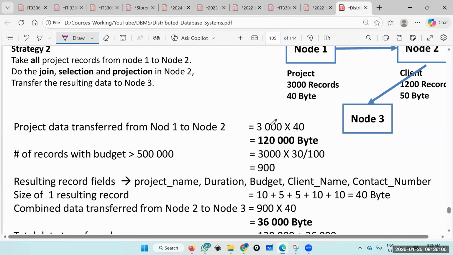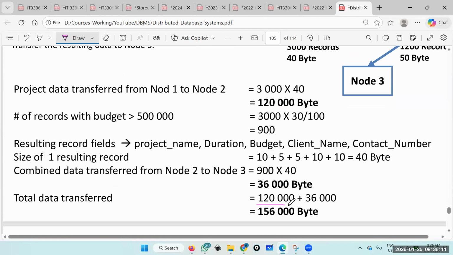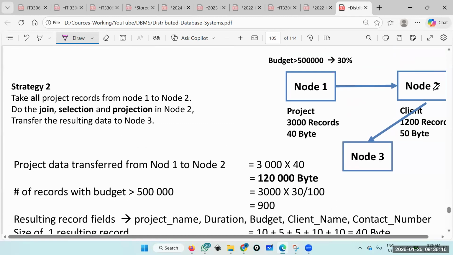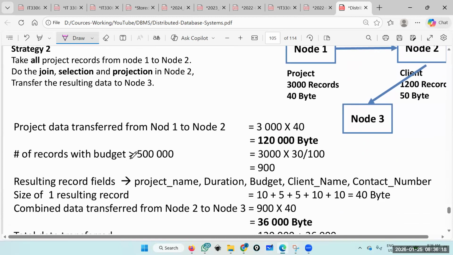All the project data is taken to the client side. That is why the final answer also has 120,000. But now at node 2, you can take the records with budget greater than 500,000. That means 30% of those, so you have only 900 records. This is happening in node 2. Though you get 3,000 records, now you filter out 900 records, right?